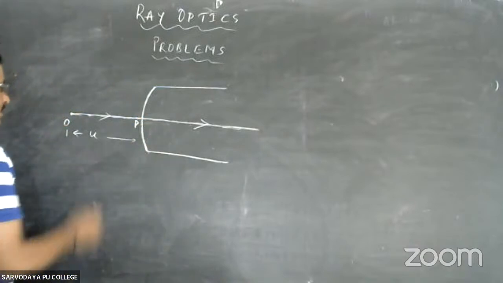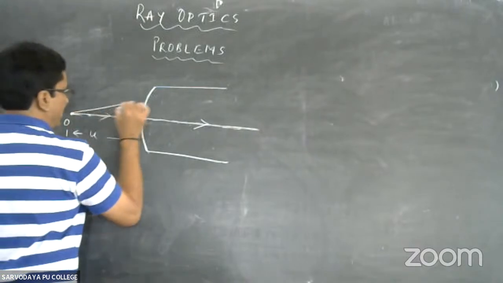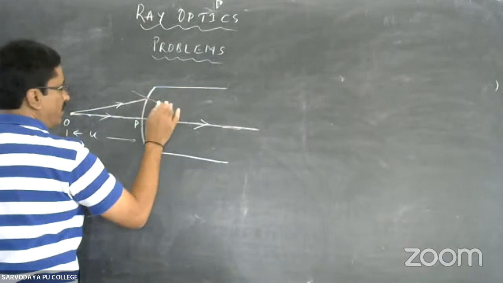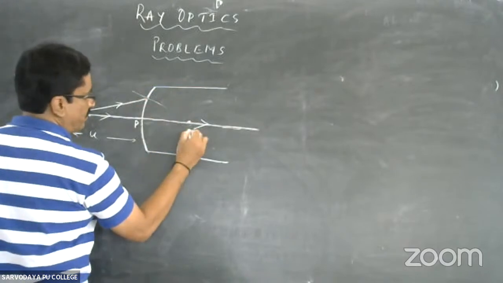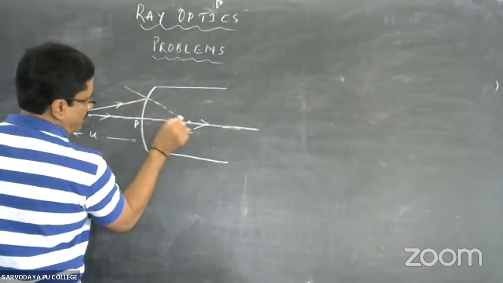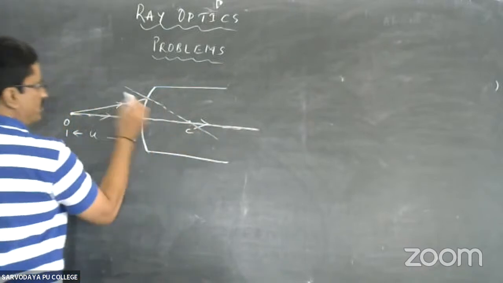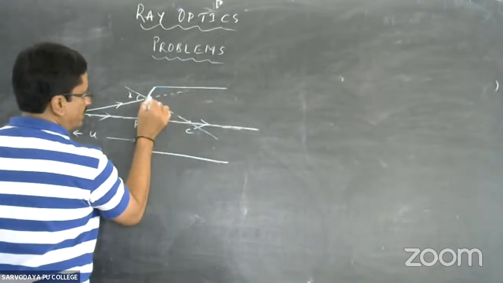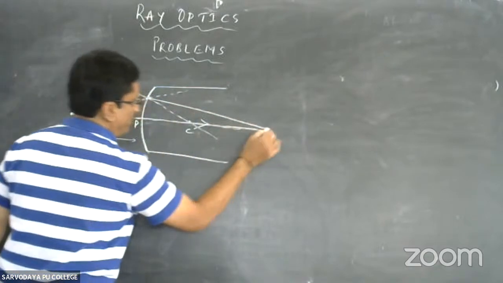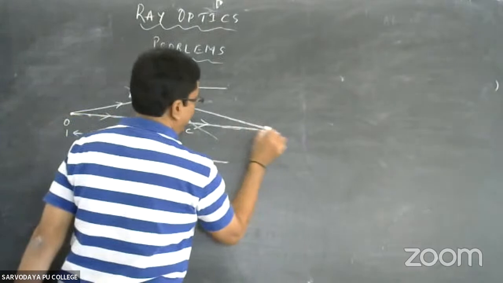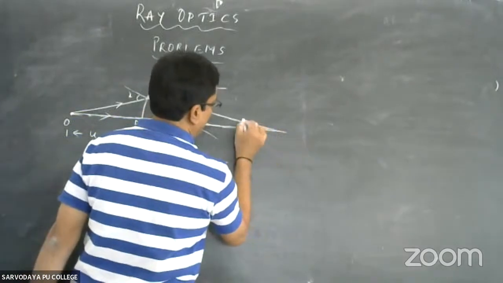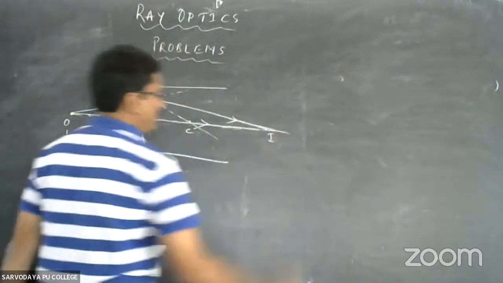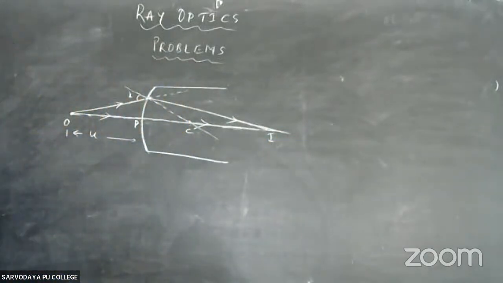But if you consider another ray incident at an angle, the center of curvature is here. This will be the normal corresponding to this point of incidence, and instead of traveling straight, it bends, and therefore it meets the ray traveling along the principal axis at some point. There we get the image.